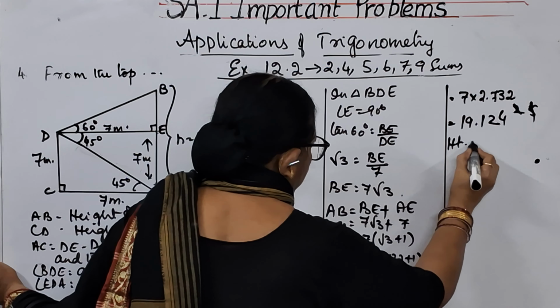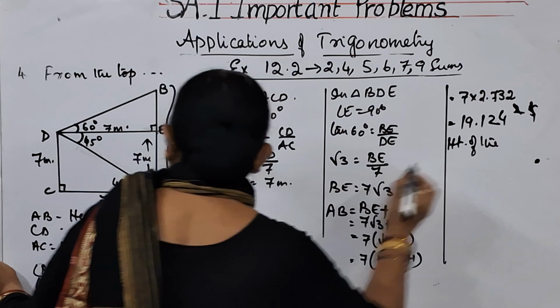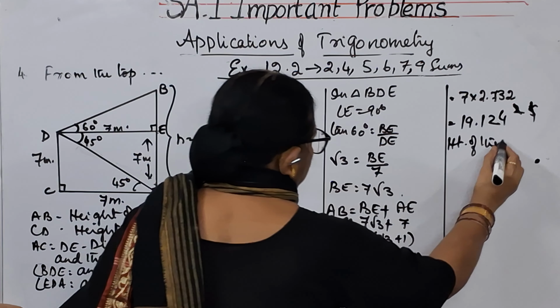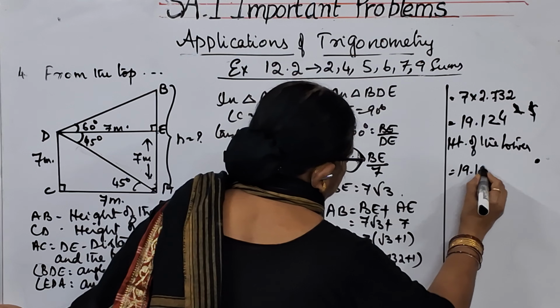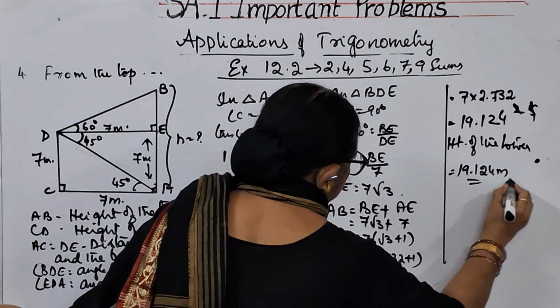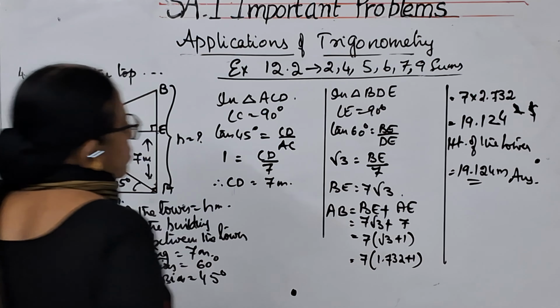So, height of the, what is this, children? Tower. Height of the tower is equal to 19.124 meters. This is the answer.